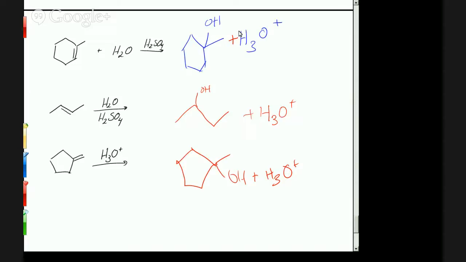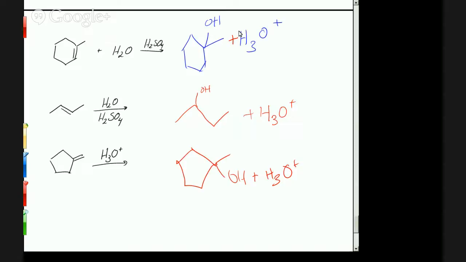In that middle one, how do you make the decision which carbon to put the OH on? Well, I would put it on the most substituted carbon. If you even put it on the third one, it's really the same molecule. It's the second one anyway. So either way you go, you're making the same molecule, that middle one.